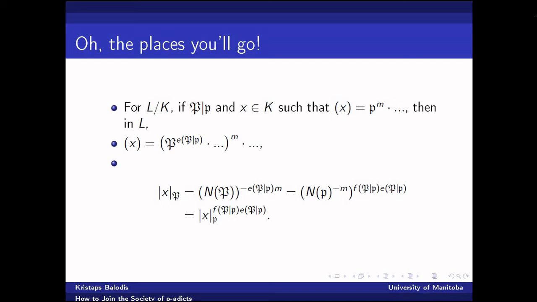But then, by definition, the inertial degree tells us that n of big P is just n of P to the power of the inertial degree, and so we can factor that out. But then n of little p, from what we've written above, given the factorization, is exactly the little p-adic norm of the element x.